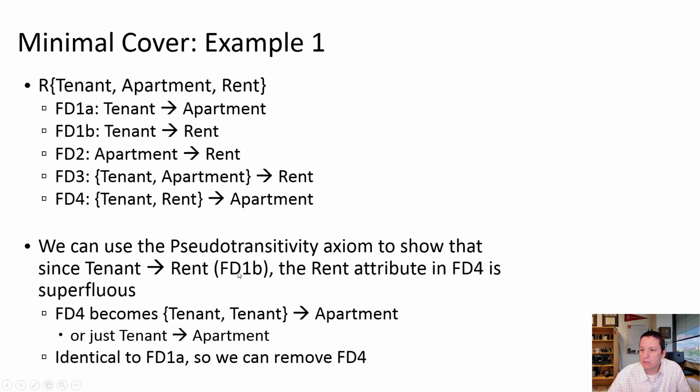Since we see in functional dependency 1b that tenant functionally determines rent, in functional dependency 4, that means we could replace the attribute rent with the attribute tenant, which just turns into tenant and tenant together determines apartment. We don't need tenant twice. That's just tenant determines apartment.